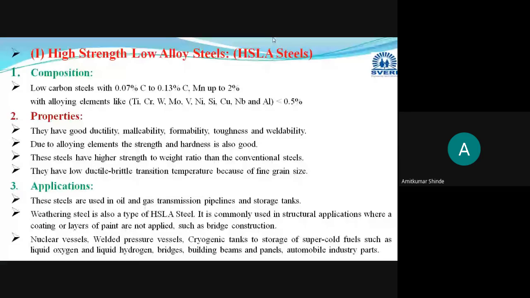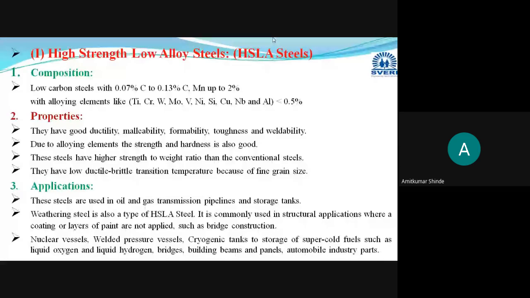Now the first alloy steel which is included in your syllabus is HSLA steel. HSLA means high strength low alloy steels, which we have already discussed. Low alloy steels means alloy steels having an alloying element percentage of less than 5%. That will be termed as low alloy steels.